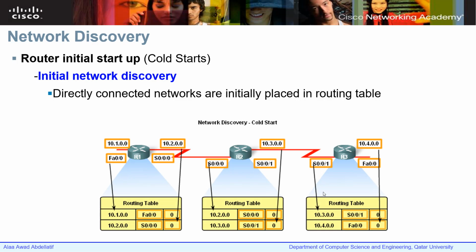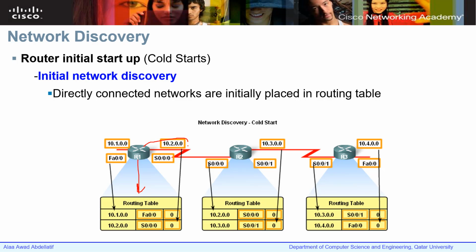Okay. So here is an example. If you have router 1, router 2, router 3, and this is the IP connected to this router, and these are the interfaces of this router. So each router, for example, at the beginning, router 1 will only put in the routing table the directly connected interfaces or directly connected networks. So what's the directly connected network?